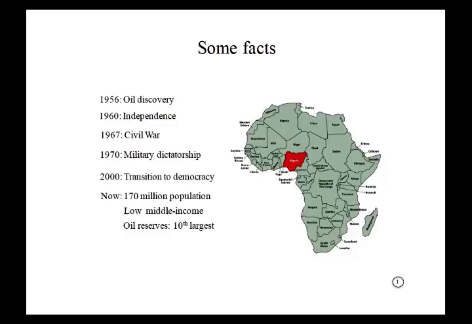So you had the rise of military dictatorship in 1970, and then in 2000, the transition to democracy. Today, Nigeria has 170 million people. It's considered as a low middle income country, and it has the 10th largest oil reserves on the planet.